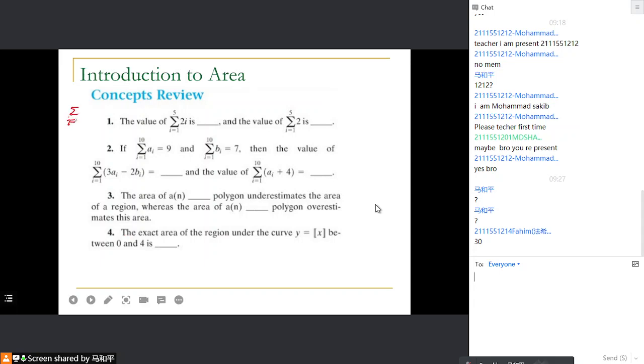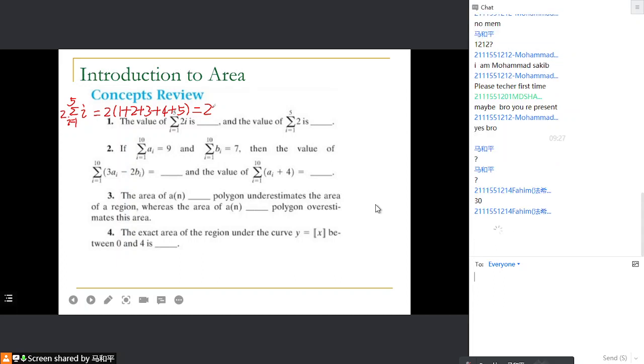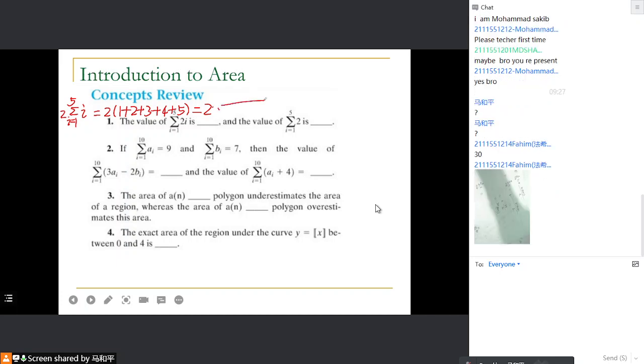By linearity, we write this as the sum of i from 1 to 5, writing the 2 in front. So it's equal to 2 times (1 plus 2 plus 3 plus 4 plus 5). We use the special sum formula: 1 plus 2 plus 3 plus up to n is n times (n plus 1) over 2, so 5 times 6 over 2.